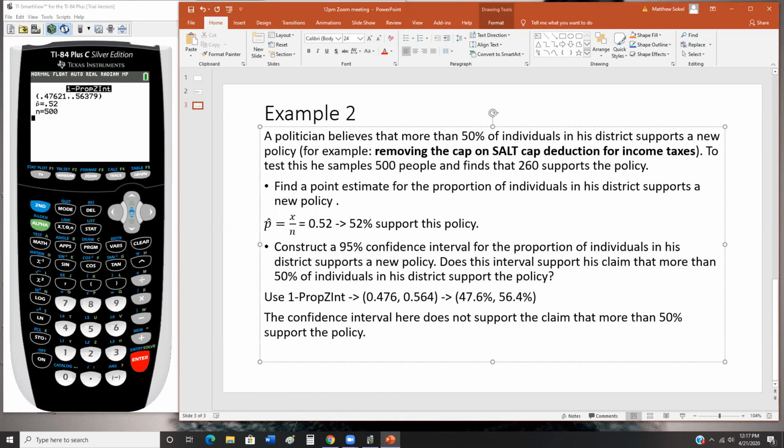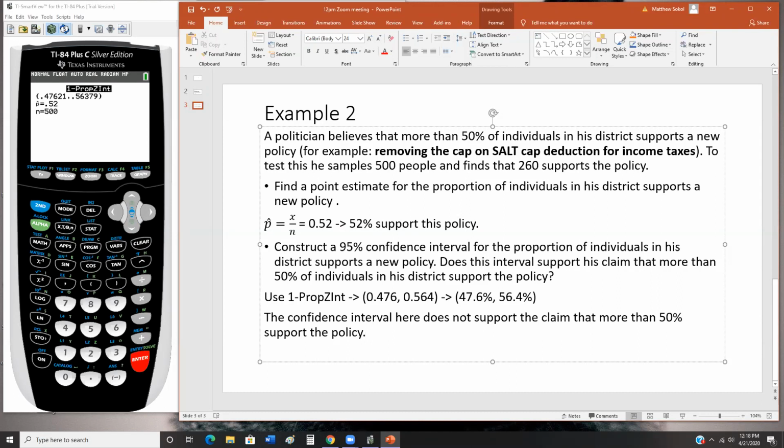Whenever you see these surveys in the news, it's important not to just say, oh, it's 52%, because that's just from one survey of 500 people. It's important to dig in and look at the confidence intervals and the margin of error.